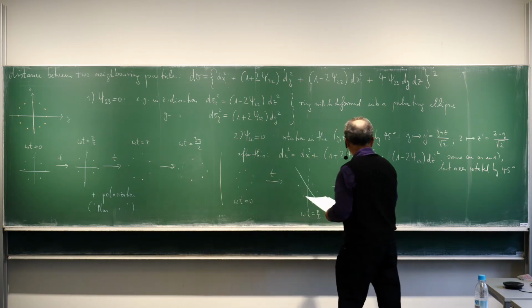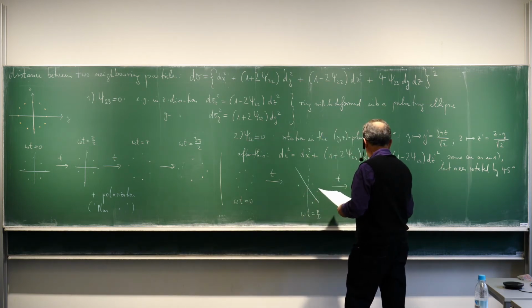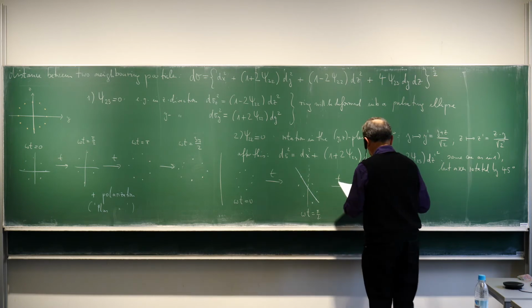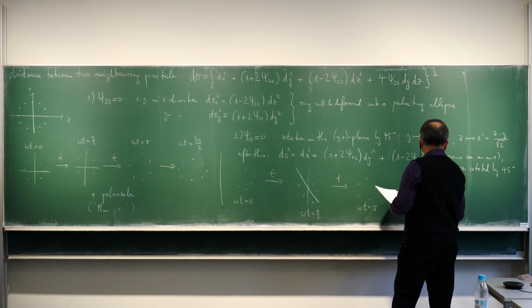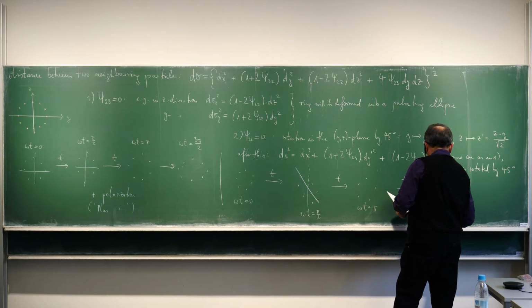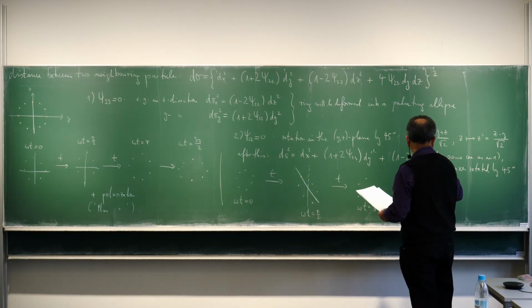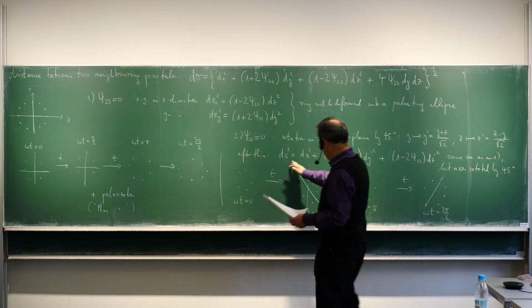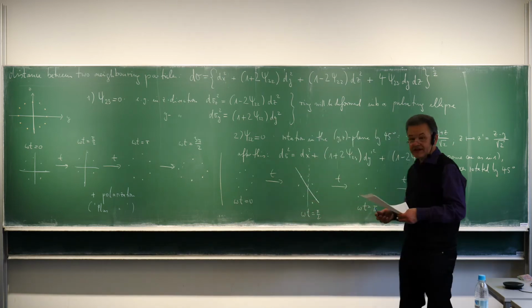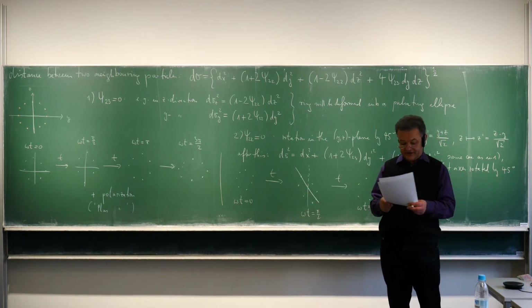Then again it will go to a circle and will then be going in the other direction, which is omega t equals 3 pi over 2. Now, so you see you have the axis rotated compared to here. And because this looks like a cross, this axis, we call it a cross polarization.